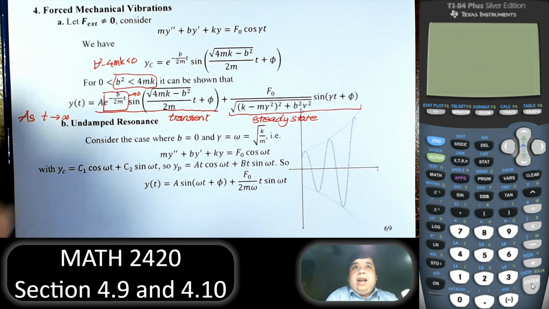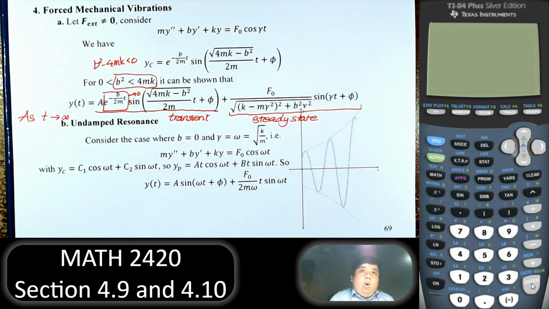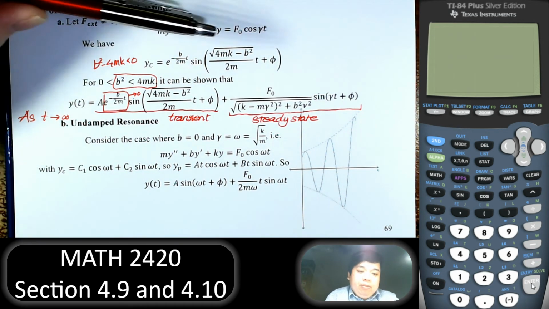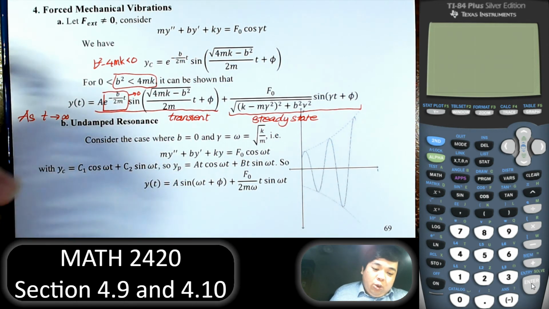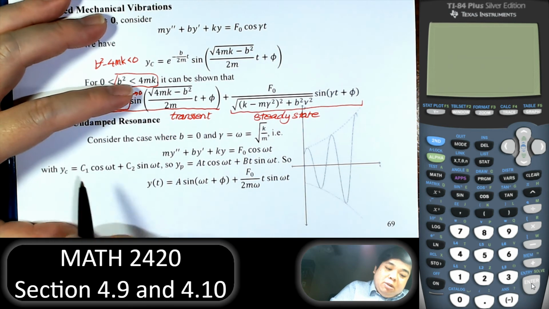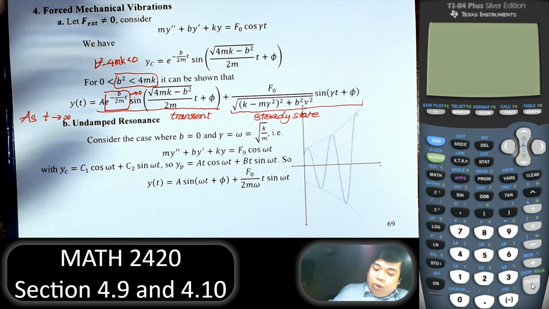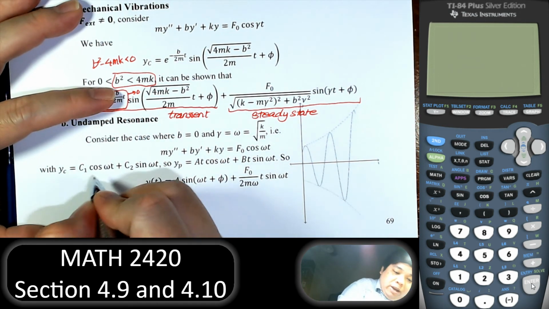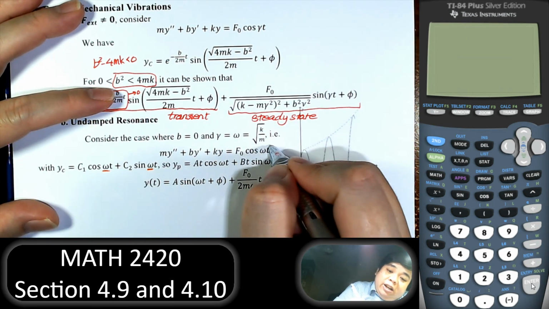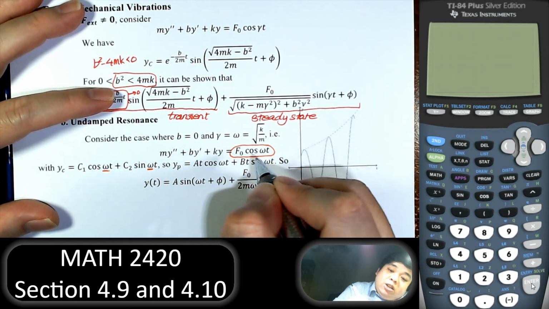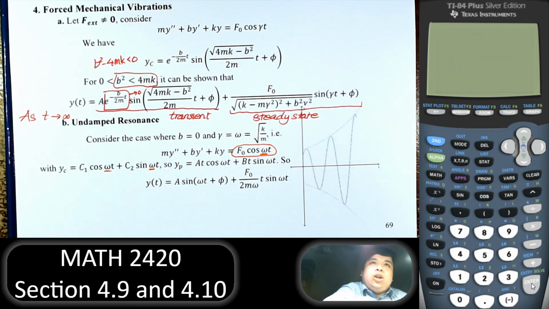And we have this. Now, on the special case where the external force has the same angular frequency, notice since the complementary solution has omega t, and the input function, the external force, also has the same thing, what happens if that is the case?